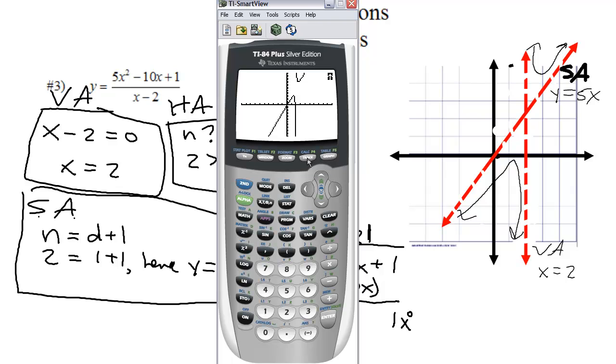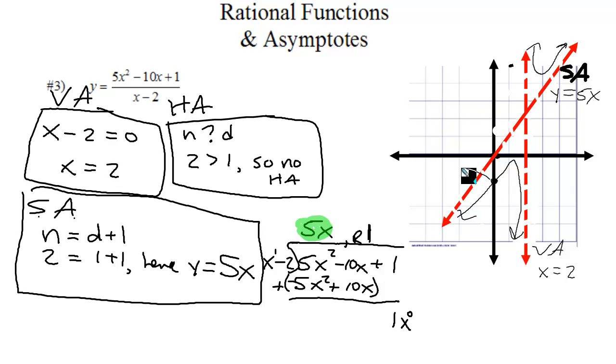So I hit second, calculate, value, I'm going to put 0 in, this is going to give me my y-intercept, negative 0.5. So 0, negative 0.5.